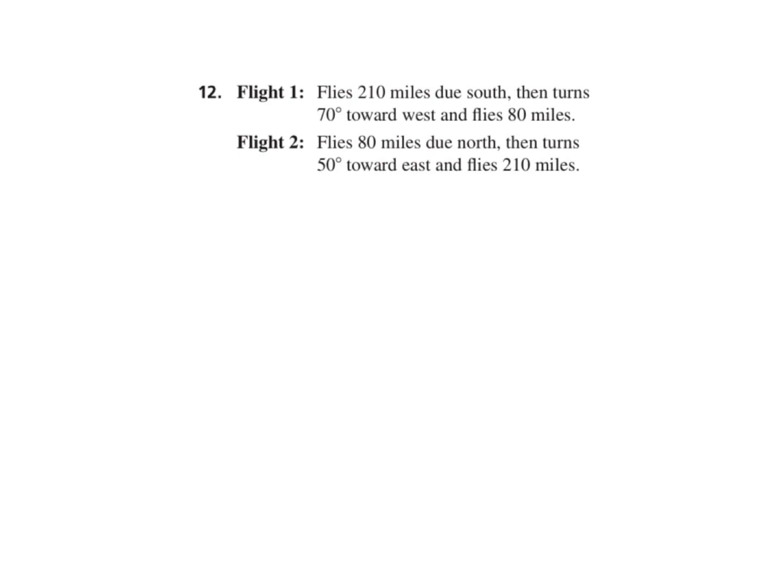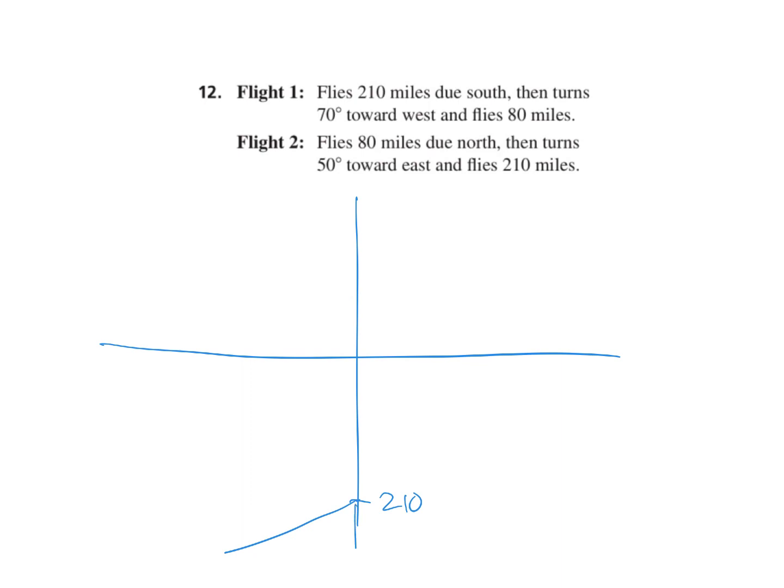All right, so let's do the same thing. These are going south and north. Flight 1 goes 210 miles due south, then turns toward the west at 70 degrees. So let me put the 210 there. This is 70 degrees that it turned to the west.